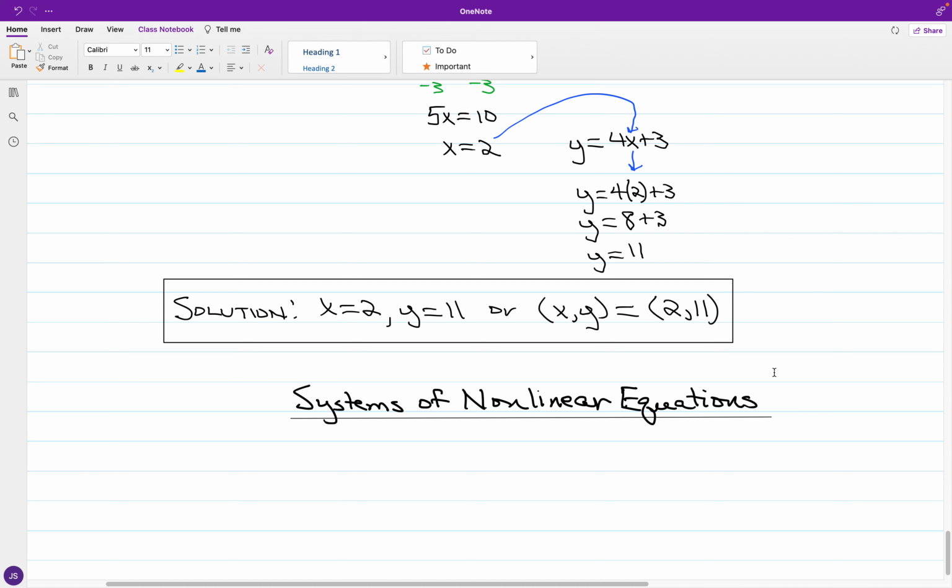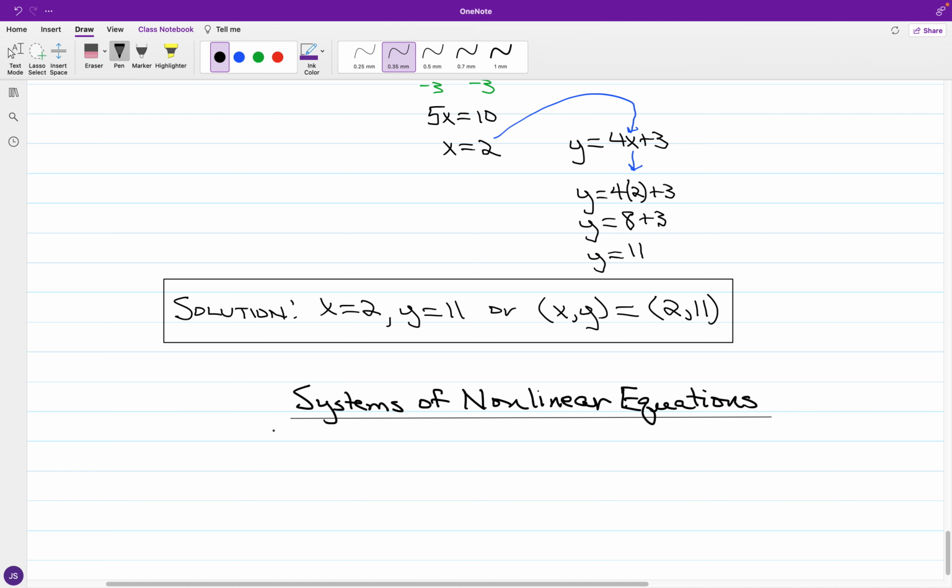We're going to have here, let's say, looking at solving for x and y.